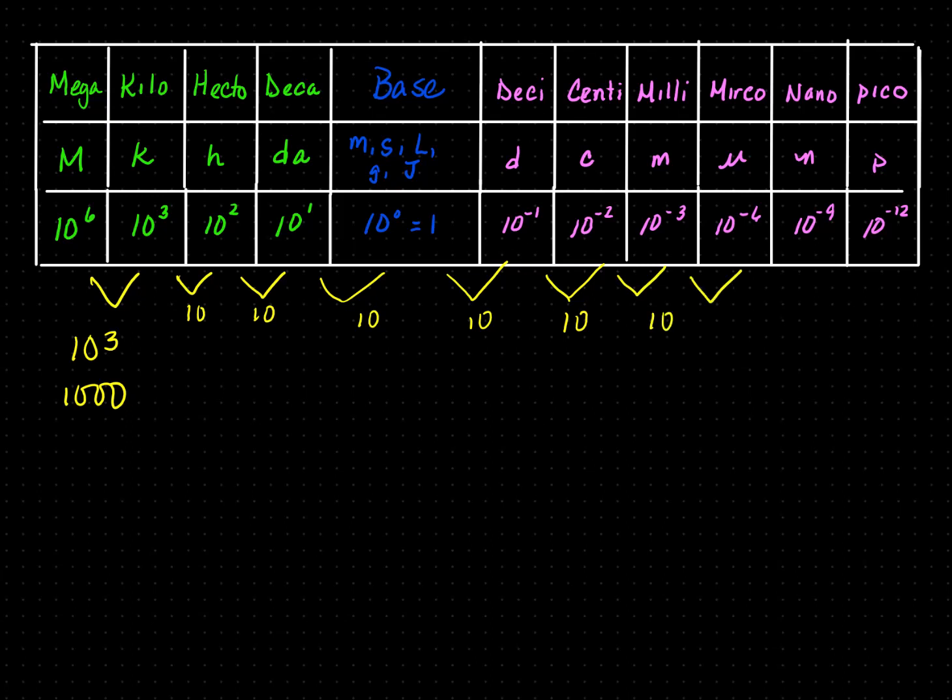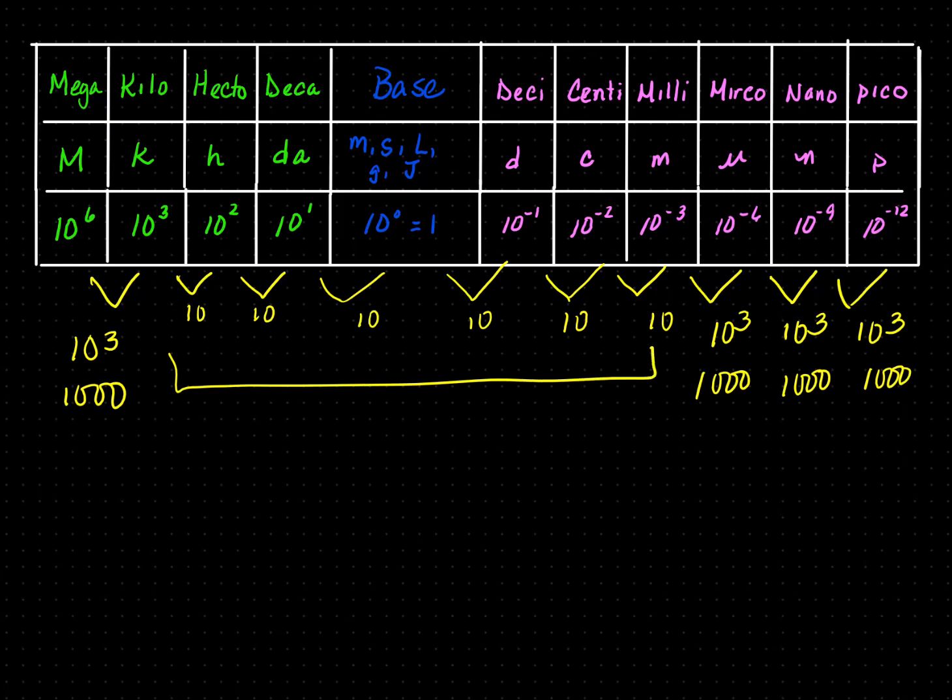But milli to micro is again 10 to the 3rd, which is 1,000. Micro to nano is also 10 to the 3rd, which is 1,000. And then nano to pico is also 10 to the 3rd, which is 1,000. So from kilo to milli is all a difference of multiple of 10. Anything outside of kilo and milli is a multiple of 1,000.